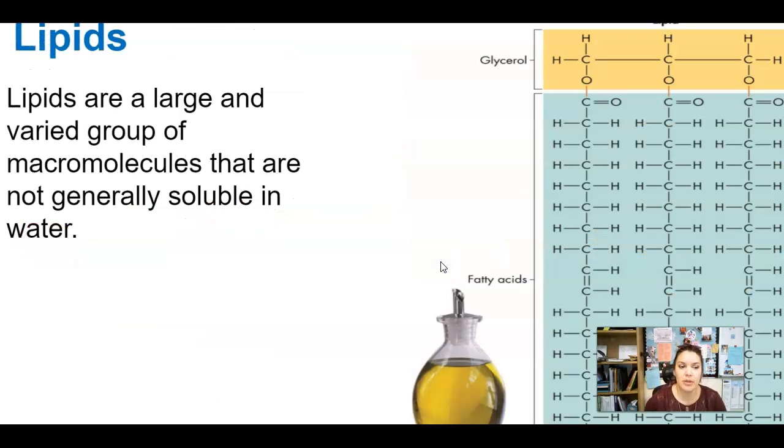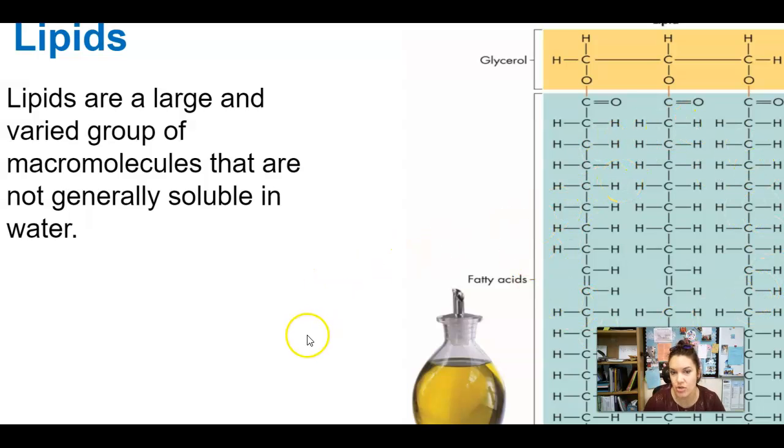Lipids are super big and super complex. They are a large and varied group of macromolecules that are not generally soluble in water. So if you have a cup of water and you pour oil on top, it's of course going to sit on the surface. Another reason, for example, as to why it's so hard to lose a couple pounds is because those lipids are so complex. I mean, look at that thing.